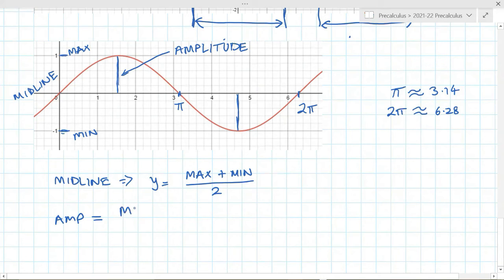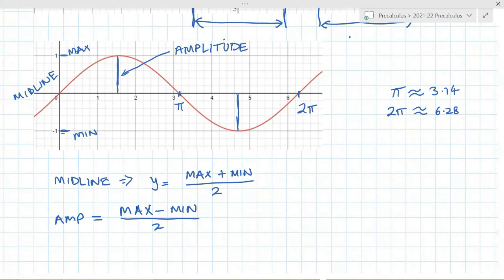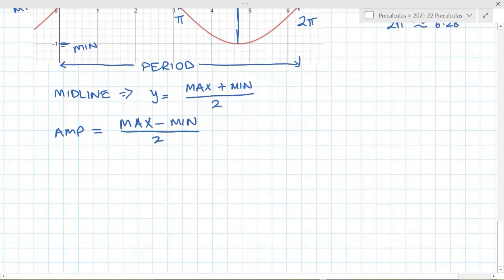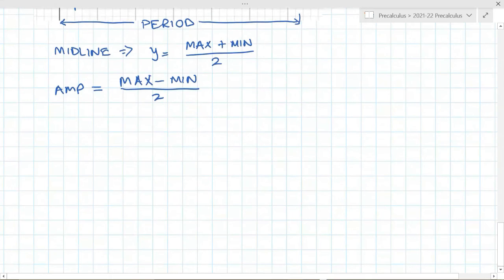So the distance between max and min is max minus min, and half of that will give you the amplitude, right? And period, we already saw for sine, this is the period, 2 pi. Frequency is how many times the period repeats in 1 unit.